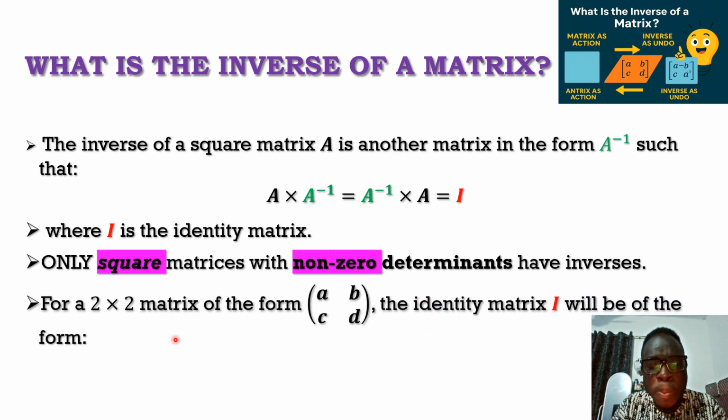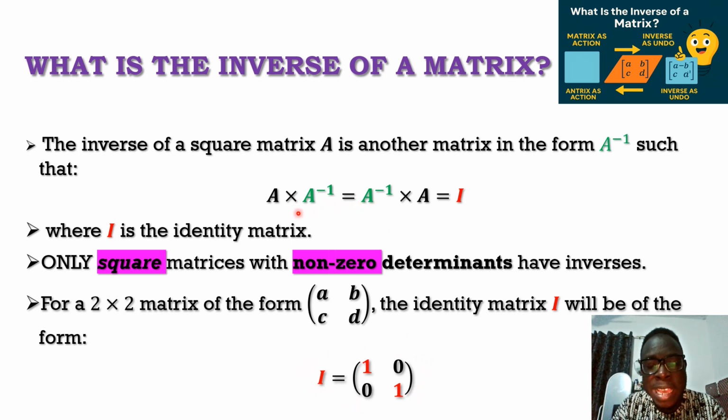Then for a 2 by 2 matrix of the form A, B, C, D, that is the main focal point of this particular study, the identity matrix I will be of the form I equal to 1, 0, 0, 1. So this is the identity matrix for 2 by 2 matrix.